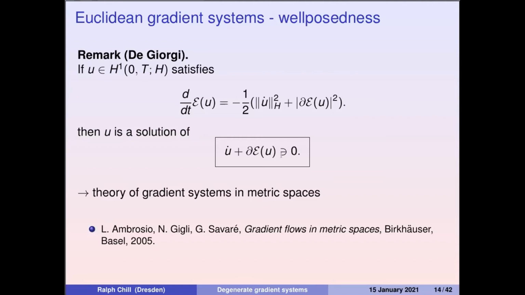This is just a side remark. This observation by De Giorgi has been used in order to define a theory of gradient systems in metric spaces, not in Hilbert spaces, but in metric spaces. And this is a more recent theory, with a very early book written by Ambrosio, Gigli and Savaré.